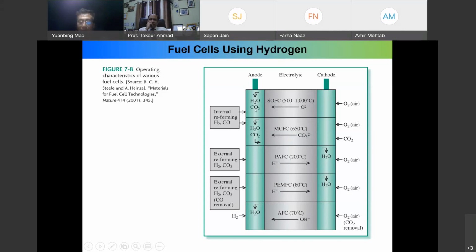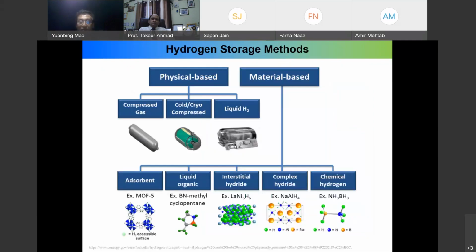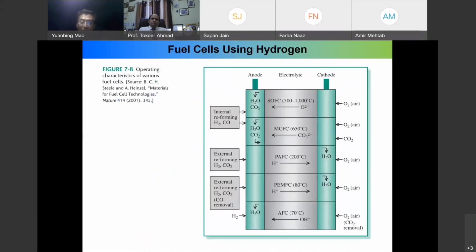So each of these has its pros and cons. A lot of research is still going on in this aspect. If you would like to get into any of these fields, it's always interesting and quite practical, so that's something you may consider.